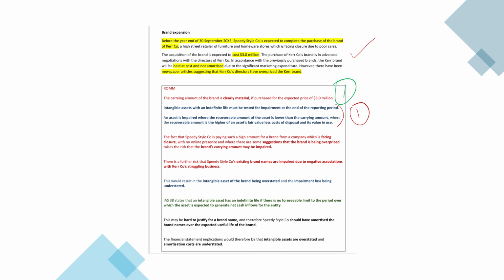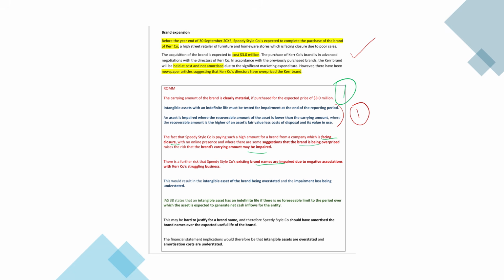I'm now going to continue to talk about my risks and concerns. The brand is facing closure. There's suggestions that this is overpriced and therefore these are indicators that the brand is impaired. And I'm also concerned that the existing brands might also be impaired because of negative associations with this struggling business.